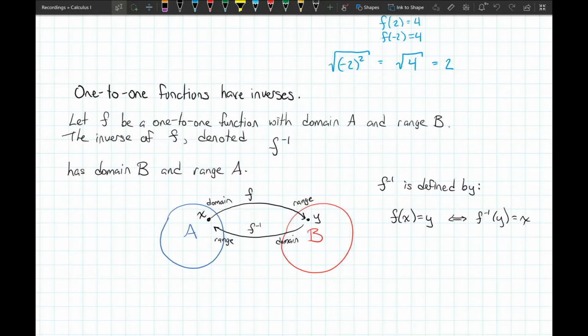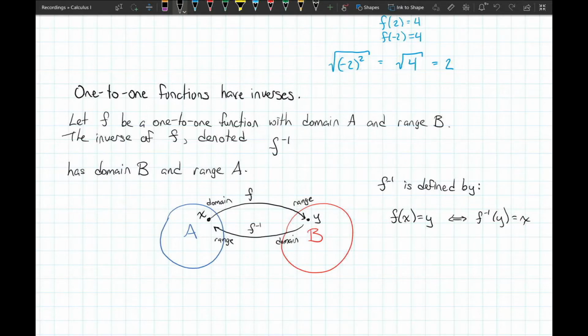So in this diagram here, we've got the domain as being a set of numbers in blue, which is A, and if you choose a value x from the domain and plug it into the function f, let's say you get a value y. Now if you take y and plug that value into the inverse function, it will give you the result x.